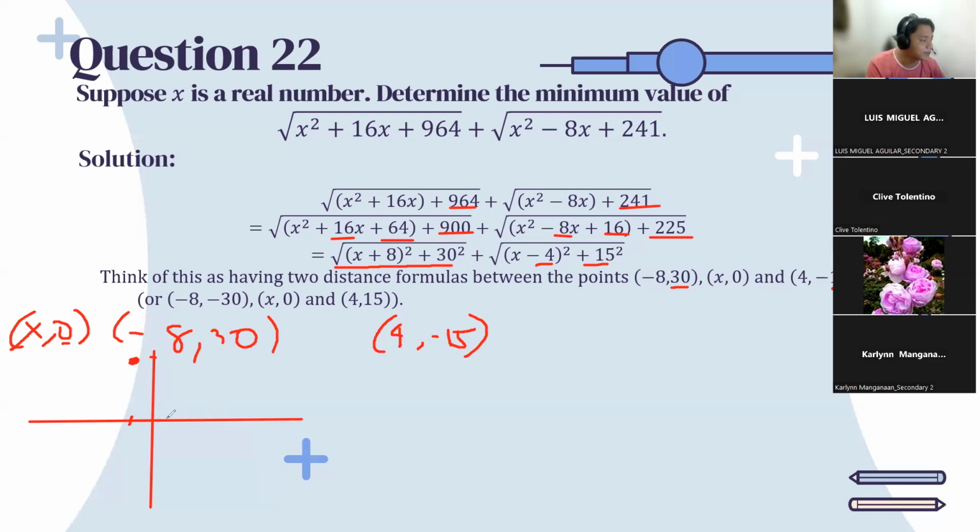You have 4, so somewhere between here. If 15 is positive, what will happen?